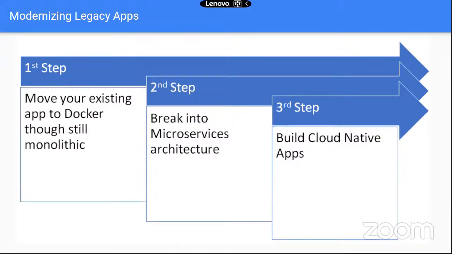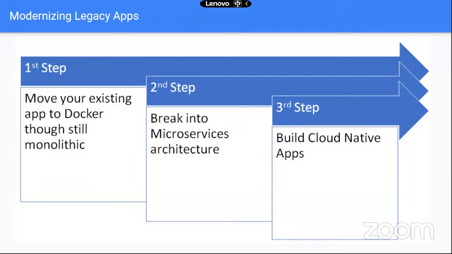First of all, if you have really decided that you should move your application to a containerized environment, the first step is that you can directly lift and shift your application from your virtual machines, wherever it is running, towards containers.